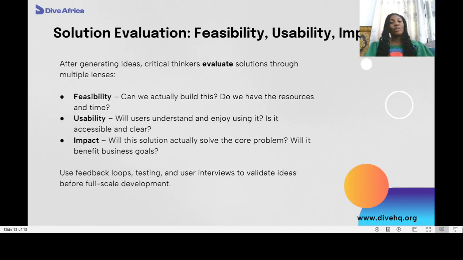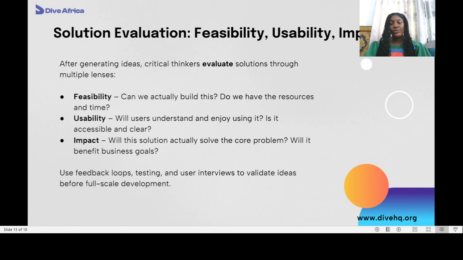Let's look at solution evaluation. After generating ideas, critical thinkers evaluate solutions through multiple lenses. If you want to evaluate a solution, you need to look at it from different angles, to see areas you need to touch and how you can improve and be better.